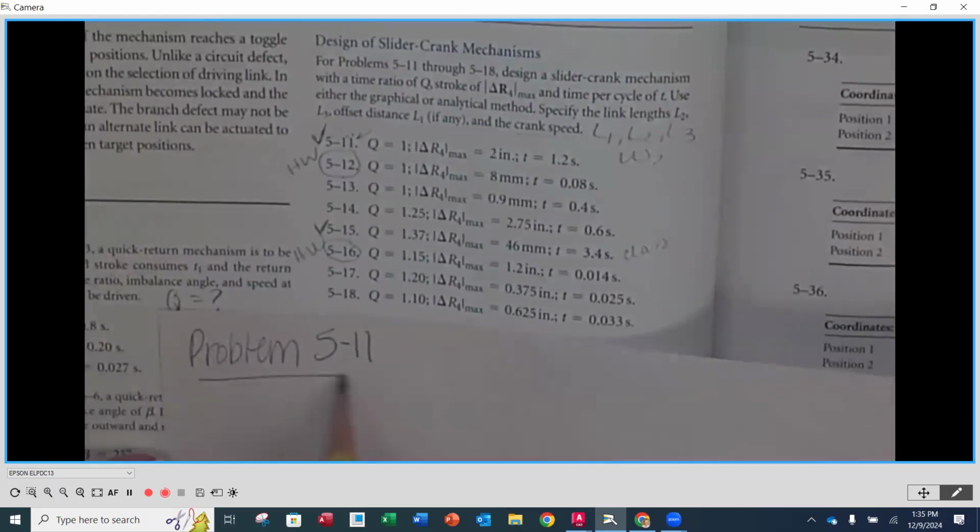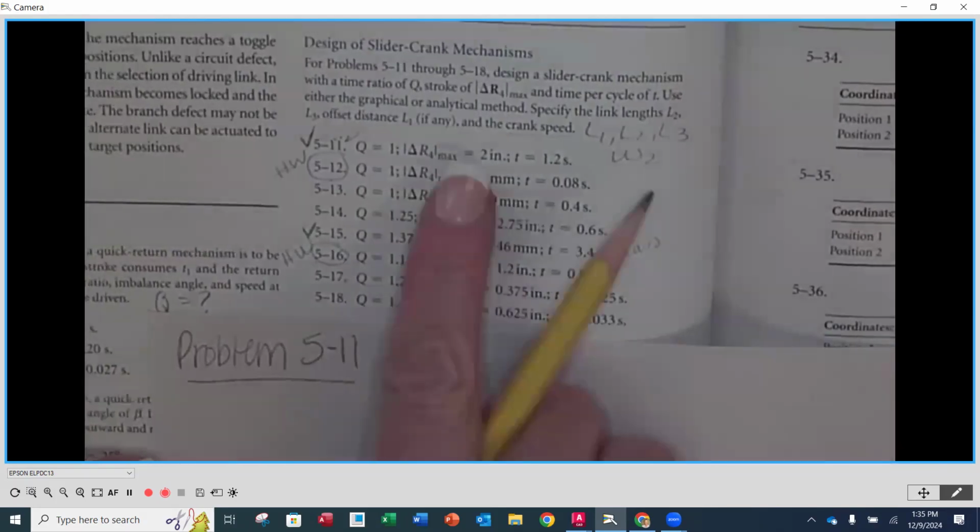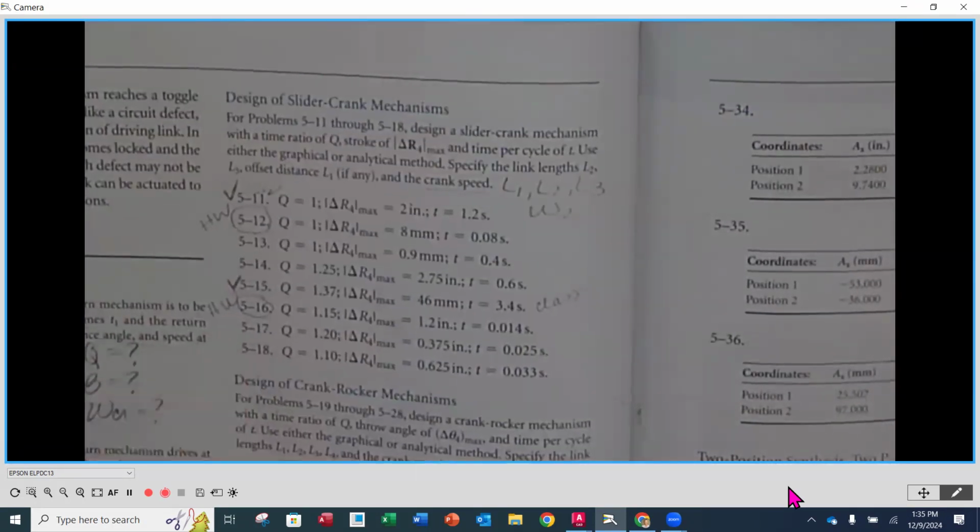So this is going to be problem 511. Now, at the top here, these are the instructions for this section of problems, 11 through 18. You're going to be doing for your homework 512 and 516.